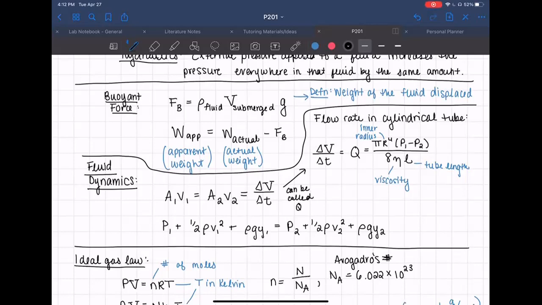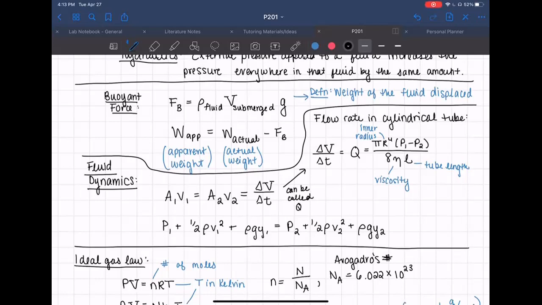Generally, something to look out for with these buoyant force problems, if you haven't figured this out already, is that for fluids they're much more concerned with density than they are with mass. A lot of these problems are asking for the density of the fluid or the density of the object, or you have to do some sort of trick to write the mass as density times volume so that volumes cancel.